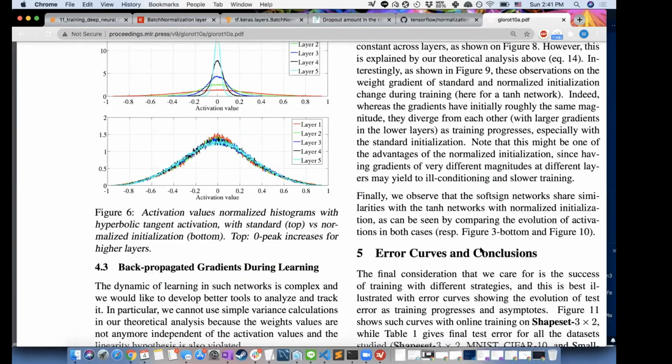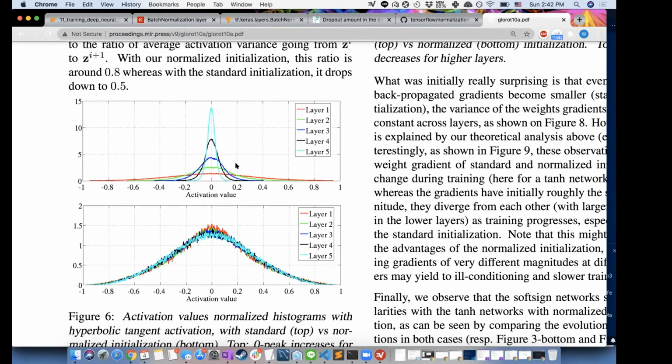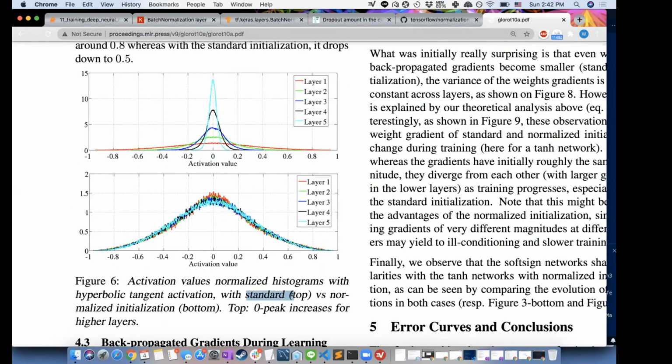Okay, and same thing with activation values. That's what they found out, comparing the standard initialization method and the normalized initialization method.